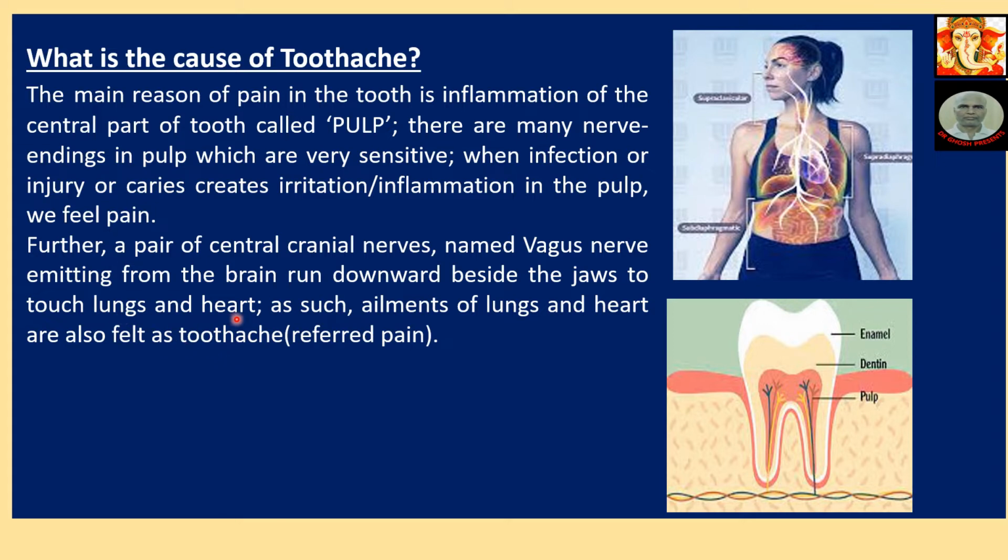So pain of lungs and heart is also referred as tooth pain. This is a very interesting phenomenon to note, that not all toothaches are real toothaches. Some toothaches are actually inflammations of lung or inflammation of the heart.